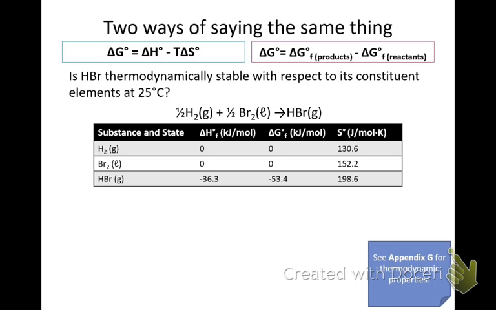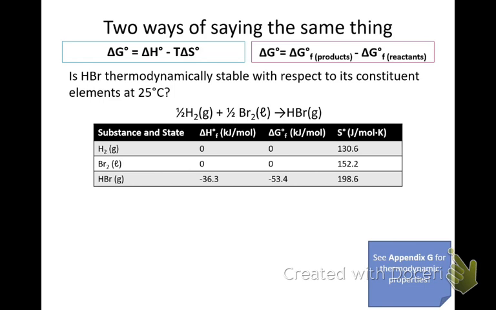Okay, so it turns out then that delta G equals delta H minus T delta S, and delta G equals the sum of the formation energy of the products minus the sum of the formation energy of the reactants. Those are saying the same thing. You can get the same answer either way you calculate.